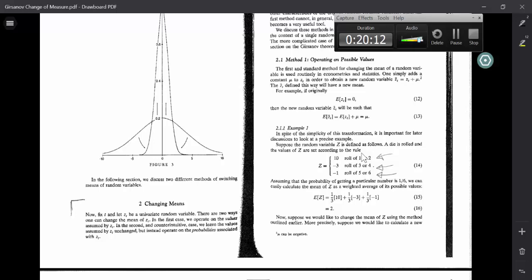In fact, if you play this game a million times, and you don't have to pay any money to play this game, how much money do you think you will make? A million times. $2 million, thank you. Yes, you make $2 million because the expectation per game is 2. That's easy to understand. So that is the mean.